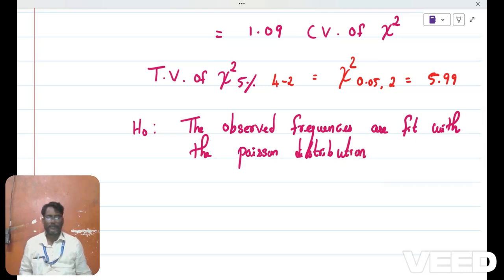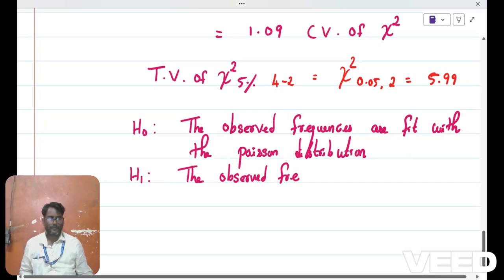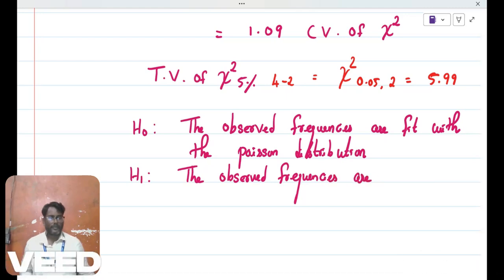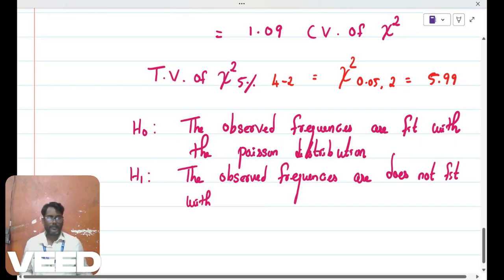And H1: the observed frequencies do not fit with the Poisson distribution.